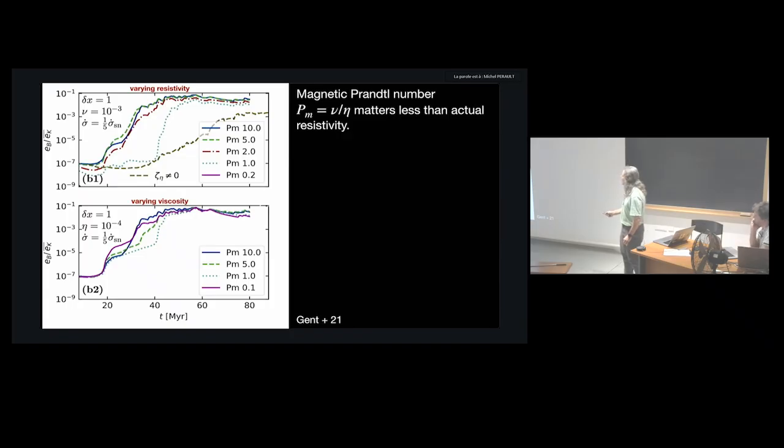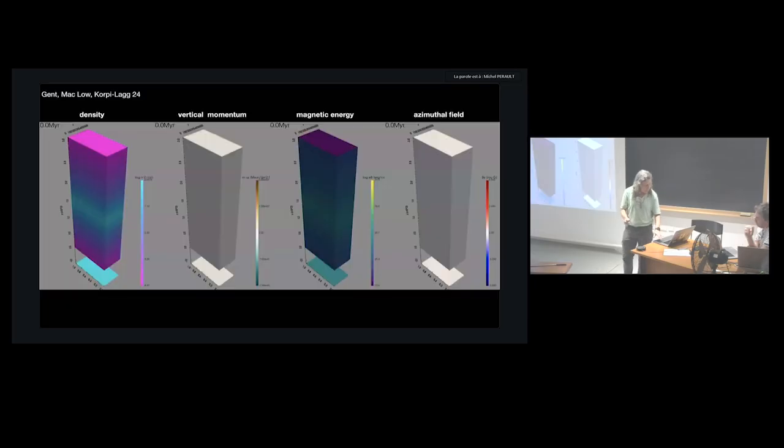If we hold the resistivity constant and vary the viscosity, we get very little change. So the Prandtl number is not the invariant. It's the magnetic Reynolds number.